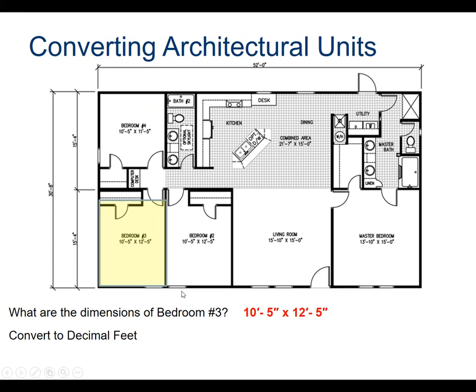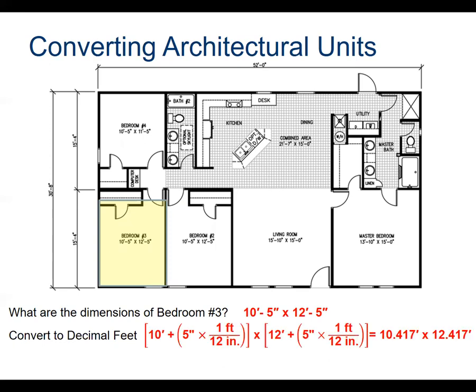Convert to decimal feet. So we take 10 feet 5 and convert that to decimal feet, 10 point something, whatever 5 is, and 12 point something. Let's figure this out. I should have probably said pause the video, but this is the first time, so we'll talk about this. So 10 feet plus whatever 5 divided by 12 is, and we also have 12 feet plus the 5 divided by 12. Well, when we do 5 divided by 12, we come out with 0.417.